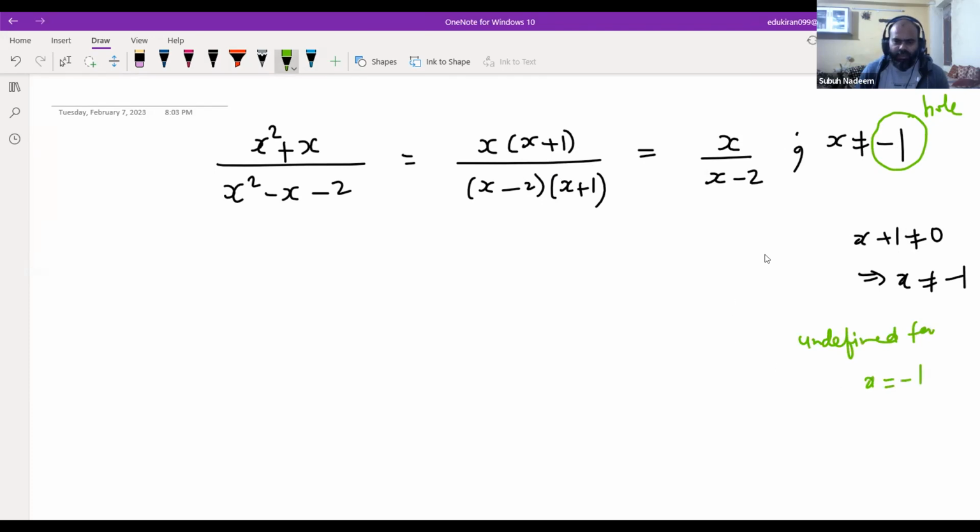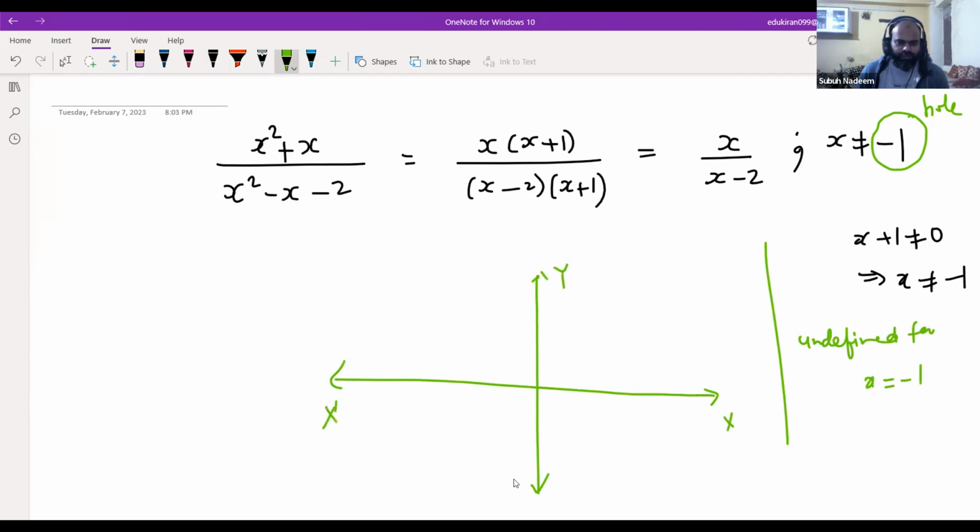And then where the denominator is becoming 0, that is 2. So this is y, this is x. When you take the denominator as 0 at 2, you draw a vertical line here, which is x is equal to 2, and this is the asymptote.